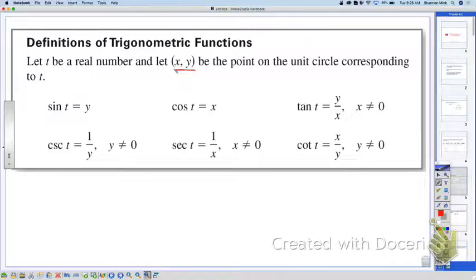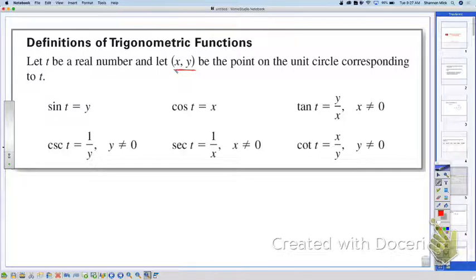Your assignment is very, very short. 4 problems. Okay? But you're going to do the 6 trig functions of every single problem. When you write them, I suggest you write sine of t, or sine of whatever the angle they give you, equals y, and then write your answer.